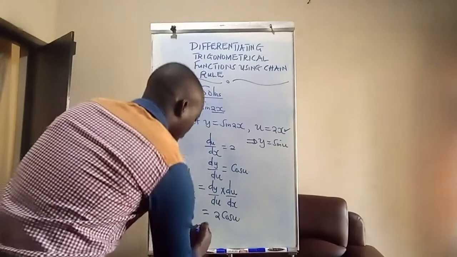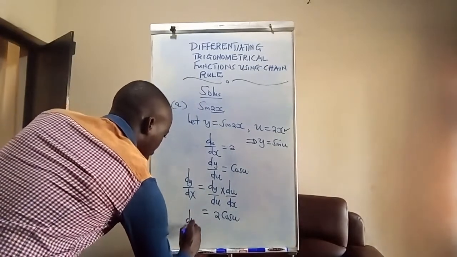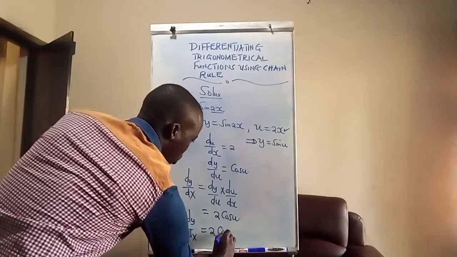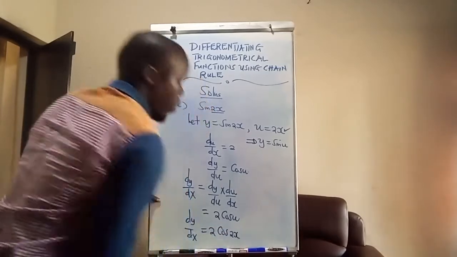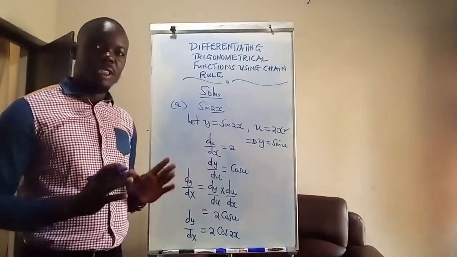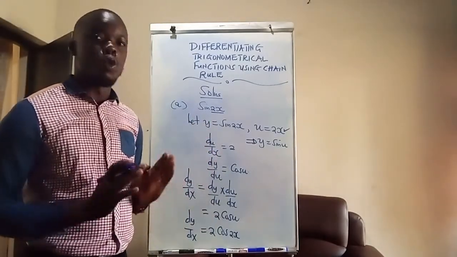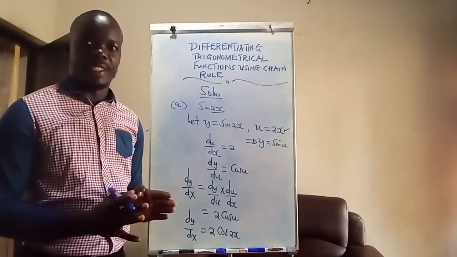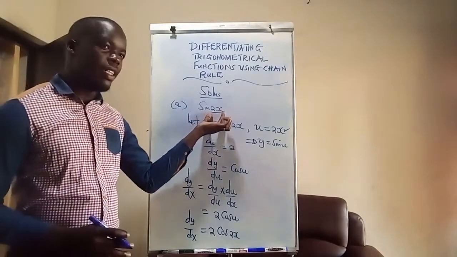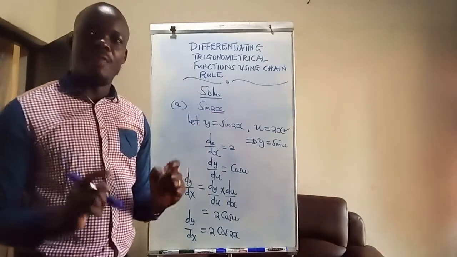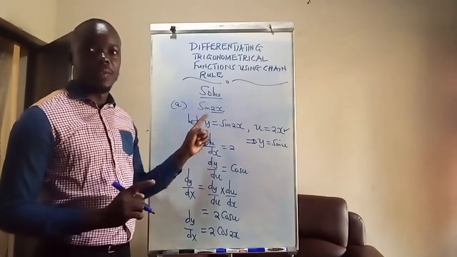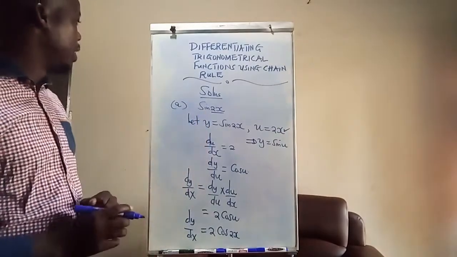So we can conclude that dy dx is equal to 2 cos of 2x. Now what do you realize? You realize that when you differentiate sine 2x, you don't simply get cos 2x, but you get 2 cos 2x. What has happened is, we have differentiated the angle first, then we multiply the derivative of the angle by the derivative of our trigonometrical function. So that is what happens in that case.